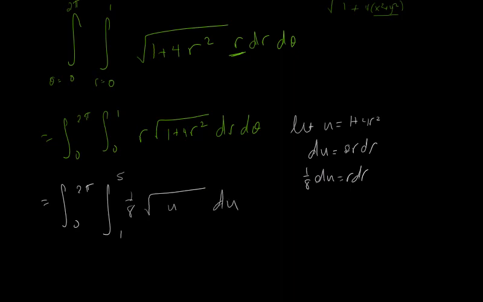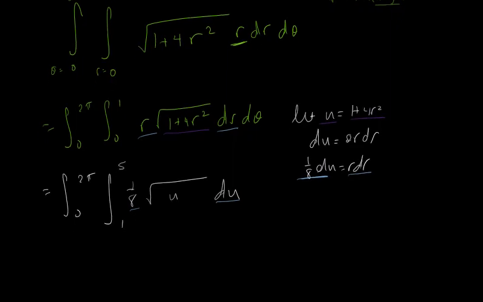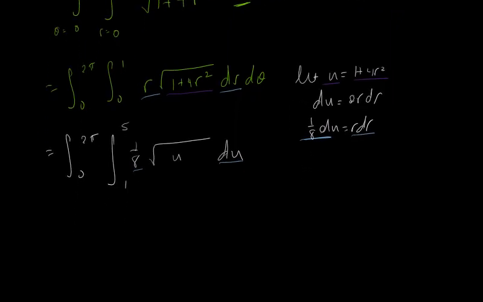Okay, so let's make sure we have all of our substitutions. So I've got r dr being replaced with 1/8 du, and then I've got 1 plus 4r squared being replaced with just u. So it looks like we have our substitution in place. I'll drop the d theta. Let's get that d theta back in there.